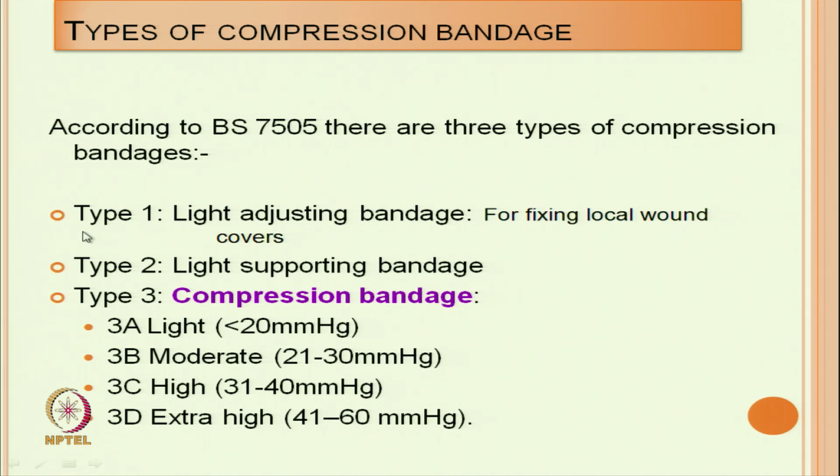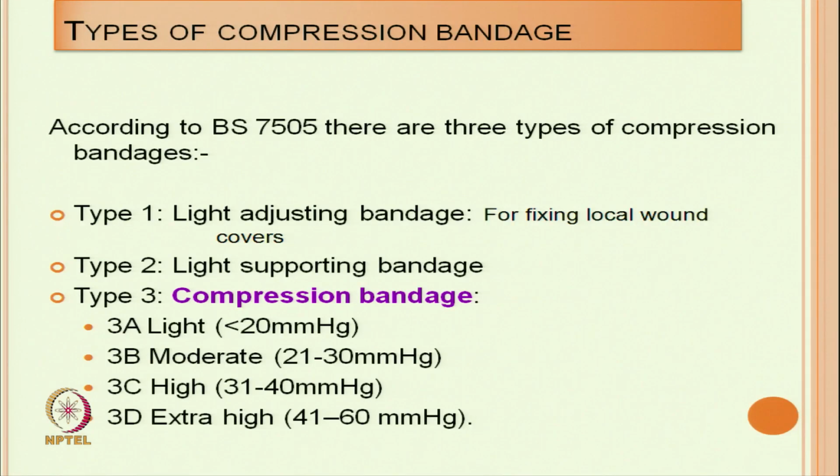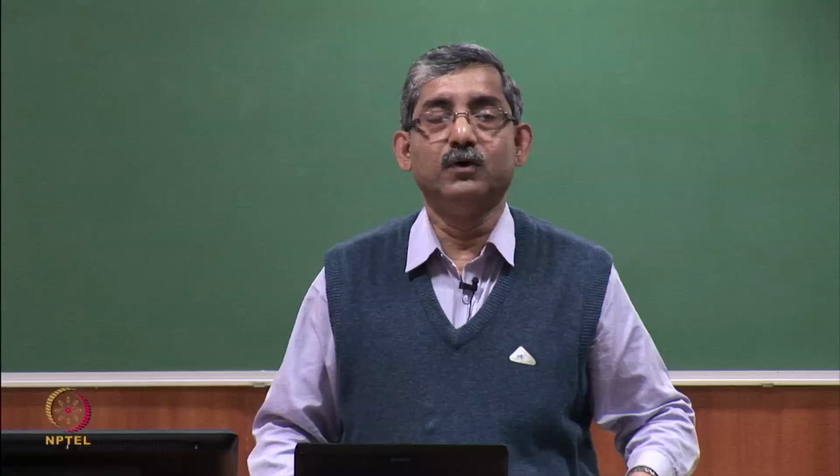Type 1 is the light adjusting bandage for fixing local wound cover. Here the pressure level is not that important. Here the importance is that the local wound has to be covered. So, for this bandage we need very low level of pressure, otherwise it may severely damage the wound area.